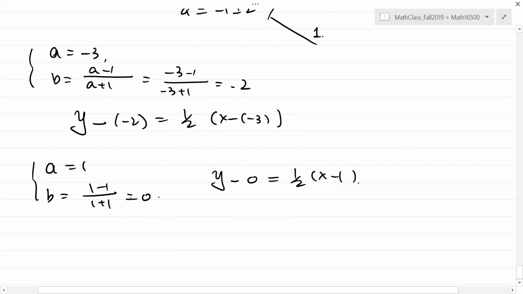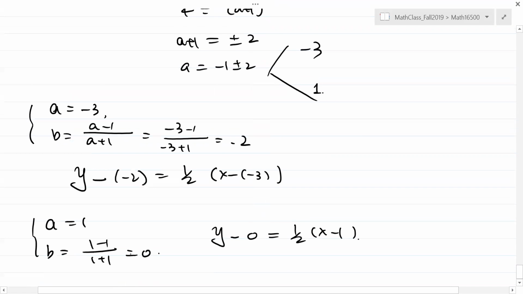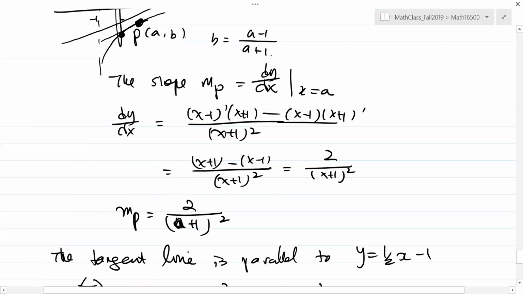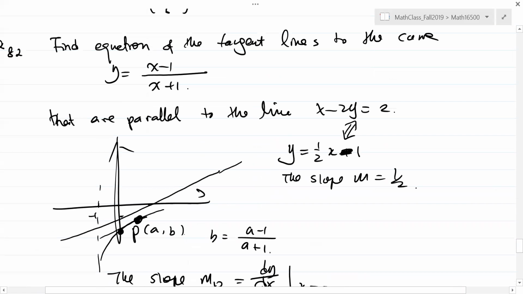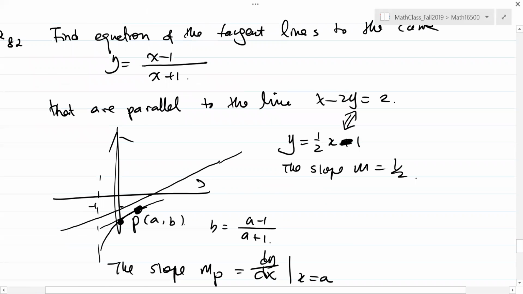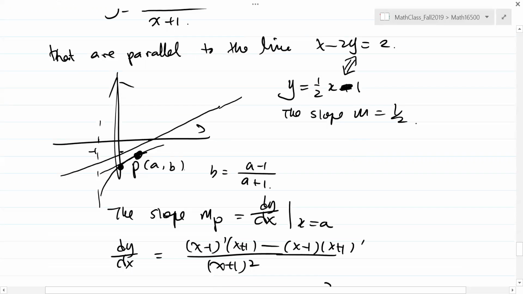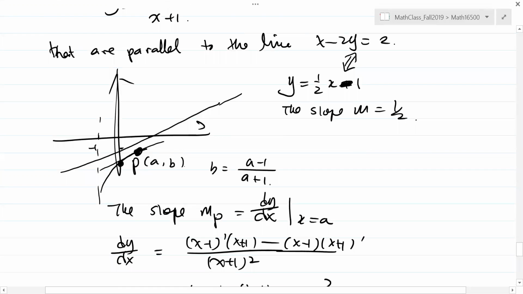Okay, let's go over this problem again. We are looking for the points on the curve at which the tangent line is parallel to the given line. The given line has a slope of 1/2. So all I have to do is find those points where the slope of the tangent line is 1/2. So pick an arbitrary point, with coordinates A and B, where B is equal to (A minus 1) over (A plus 1).